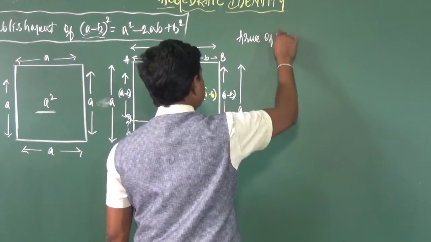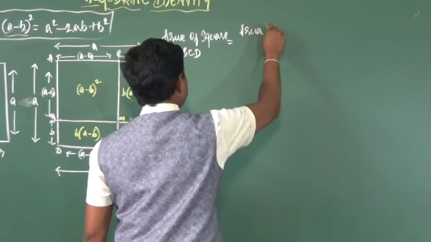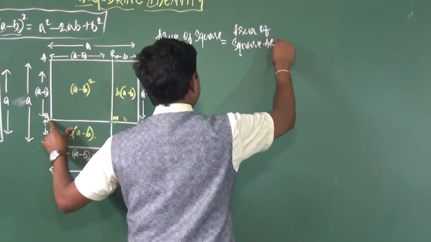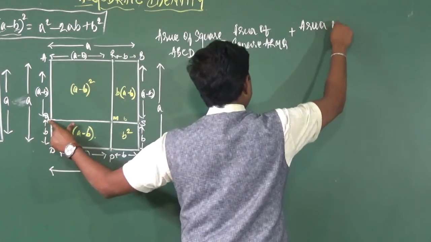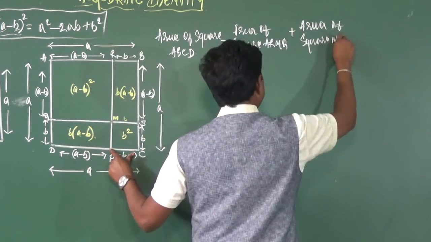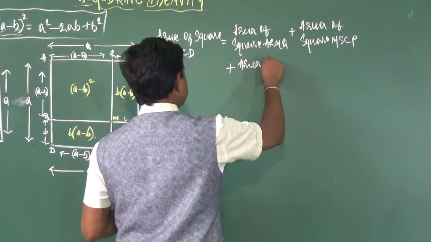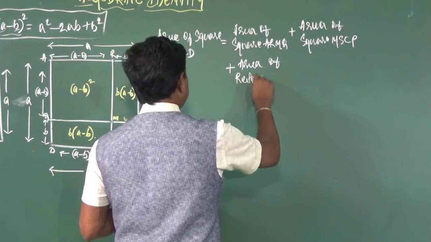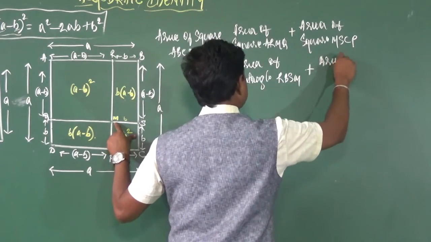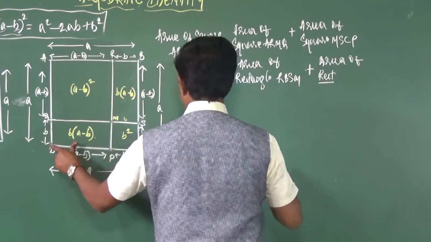Area of square ABCD is equal to area of square ARMQ plus area of square MSCP plus area of rectangle RBSM plus area of rectangle QMPD.